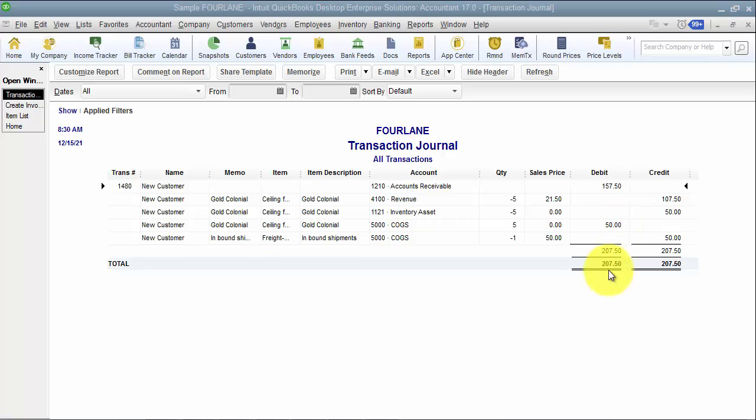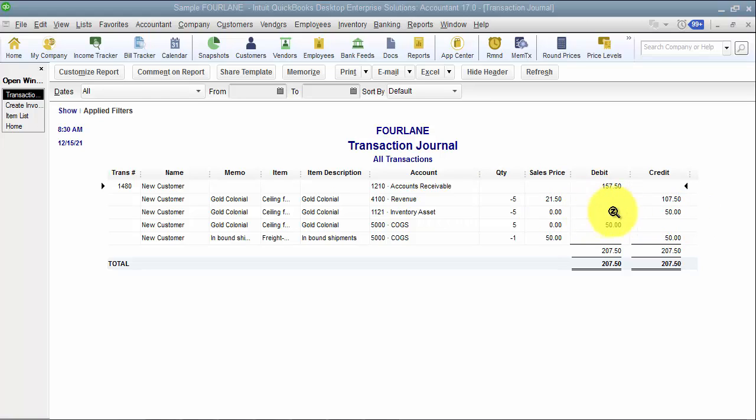So when you're thinking of debits and credits, on the balance sheet side, so the asset or the accounts receivable, you always want to think there's going to be an offset to it. So in the accounts receivable case, $157.50, the offset's going to be when the customer pays. That's when that $157.50 will come out of accounts receivable. With the inventory asset, right, we're crediting it, so we're putting it negative.